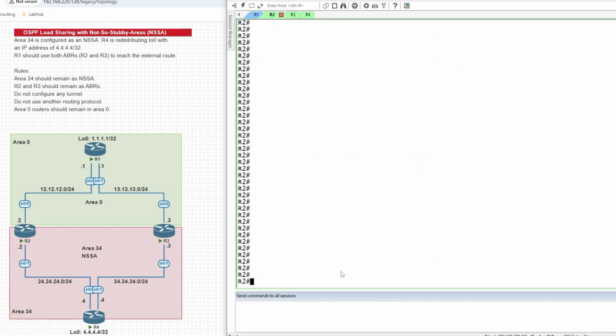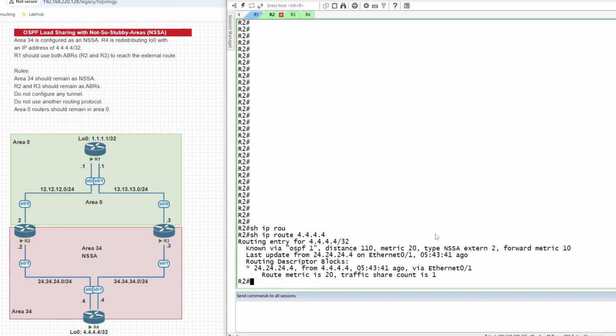Now let's move to R2 and check our route table. So let's look at the specific prefix 4.4.4.4. R2 says that I have learned of this prefix as a type 7 external route, so NSSA N2 to be specific.